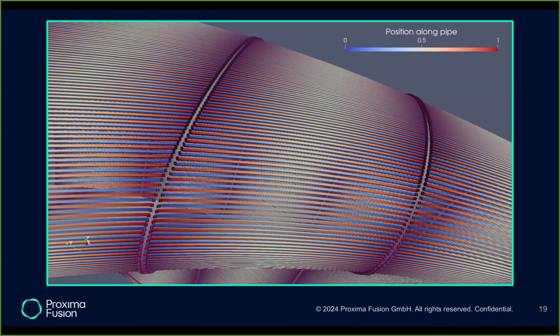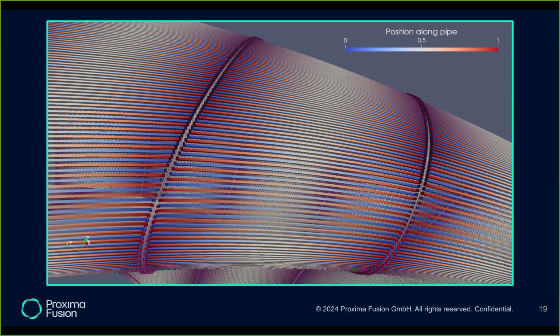And for example, here I tag with a fictitious position going from 0 to 1. And this was another interesting pre-processing step. And so using this, we can say, okay, the temperature will vary linearly from T inlet to T outlet.